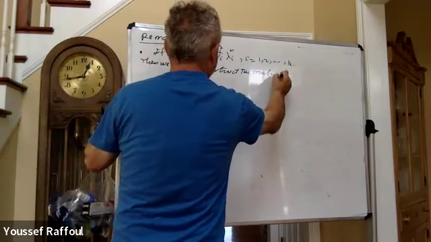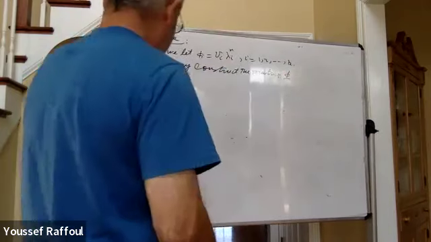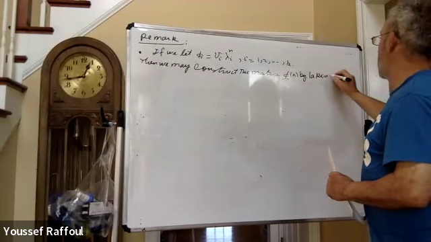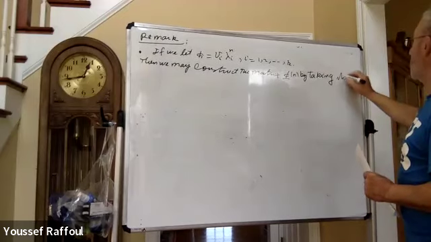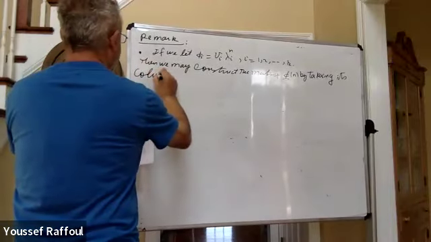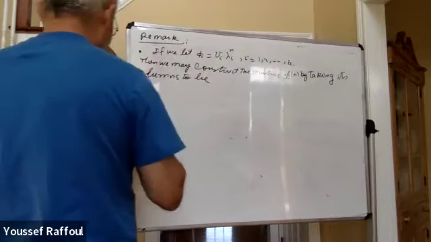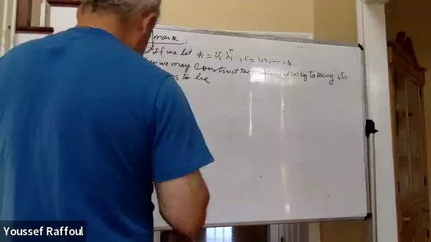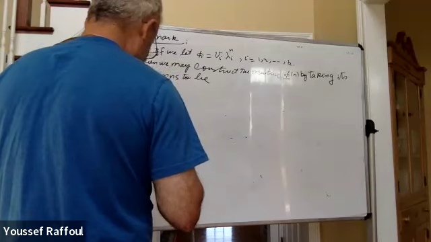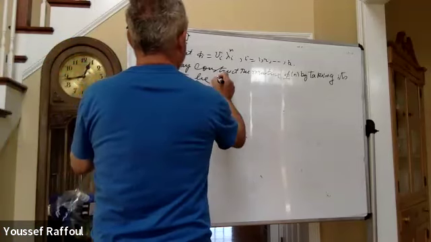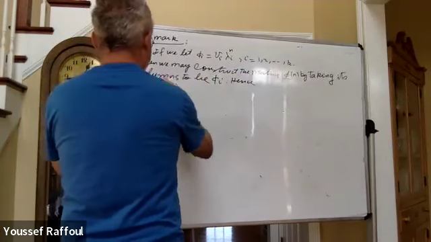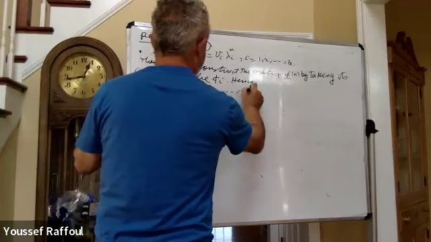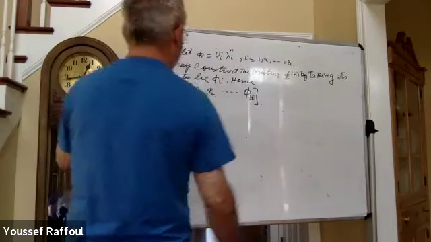the matrix phi by taking its columns to be phi i, and hence the matrix phi is phi 1, phi 2, to phi k.